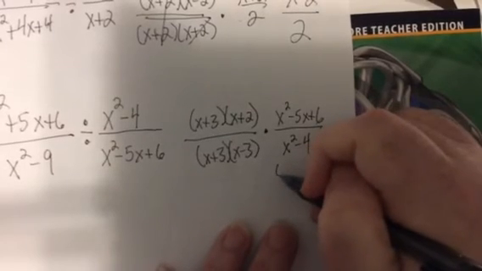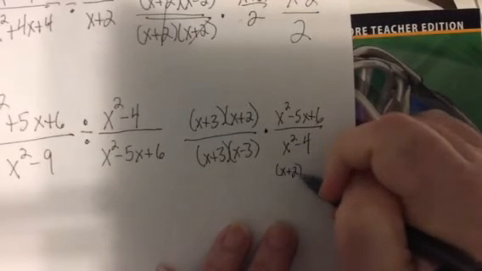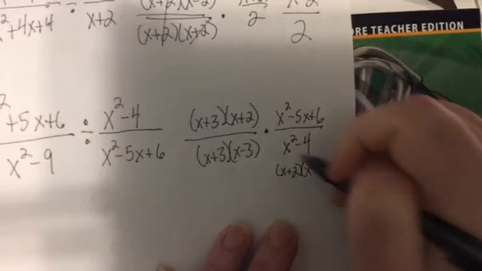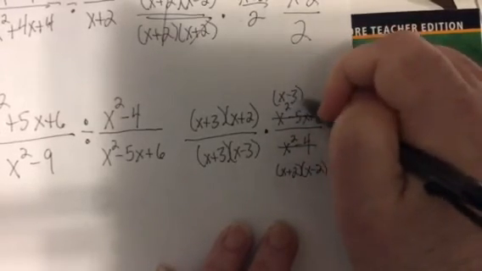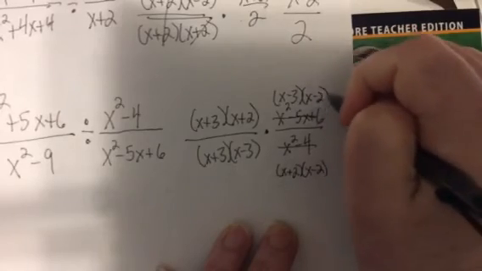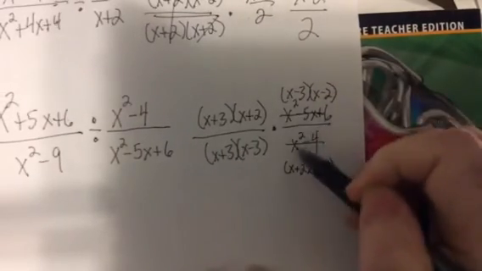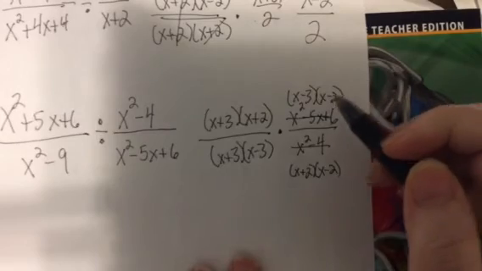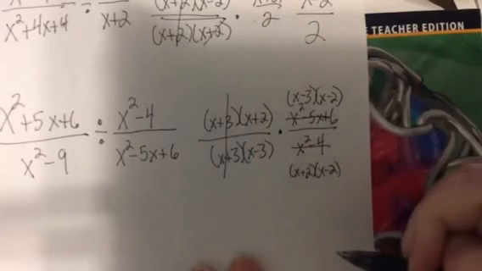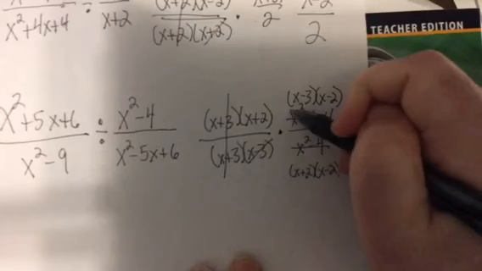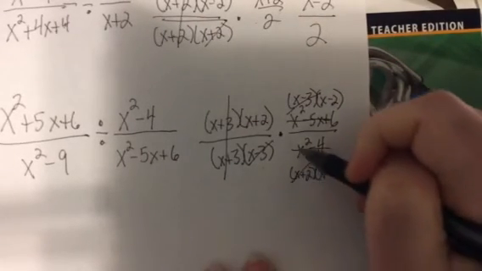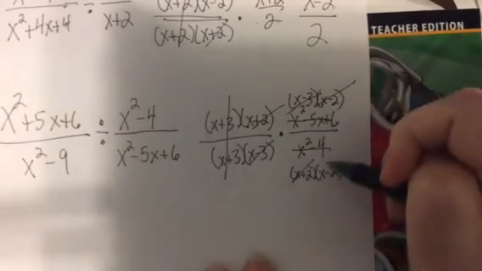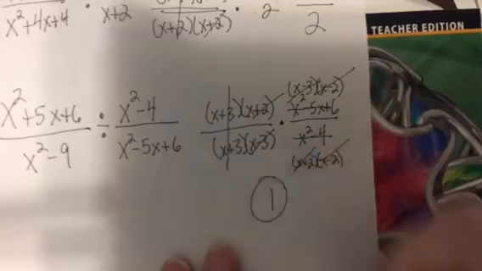I'm going to factor here, x plus 2, x minus 2. Here, this is x minus 3, x minus 2. I like to cross it out when I factor so I don't get confused. But x plus 3 cancels. X minus 3 cancels. X plus 2, cancels. X minus 2, cancels. When everything cancels out, the answer is 1.